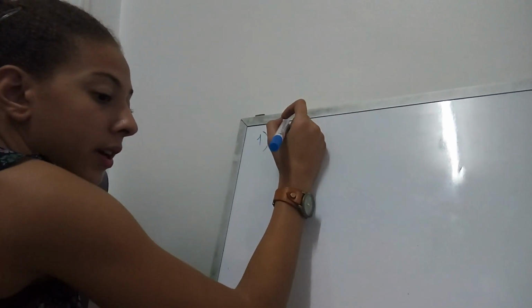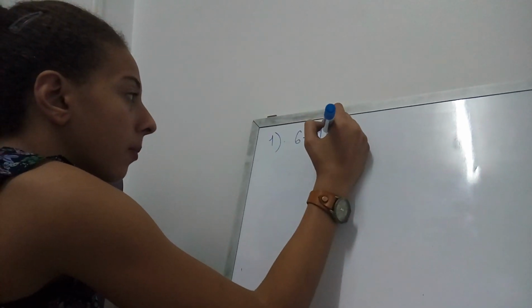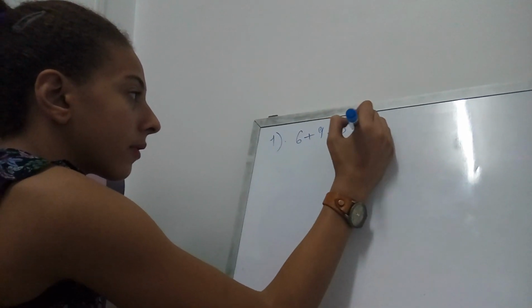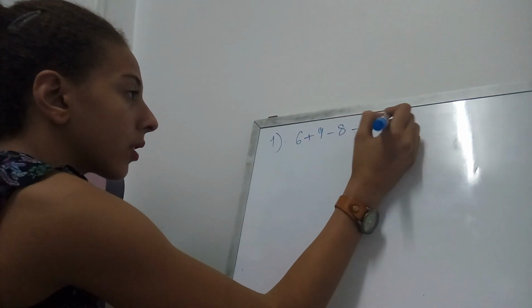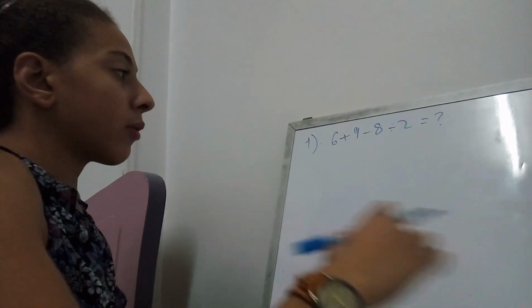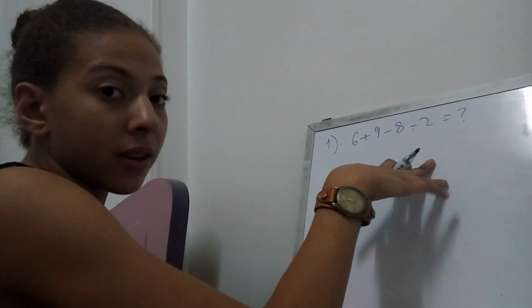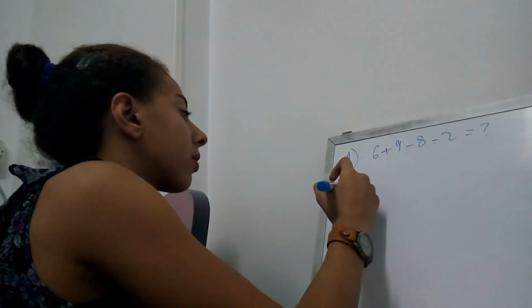It will be 6 plus 9 minus 8 divided by 2 equals, I don't know. And if you want to write the steps in order to solve it right, it's okay for me. Okay?